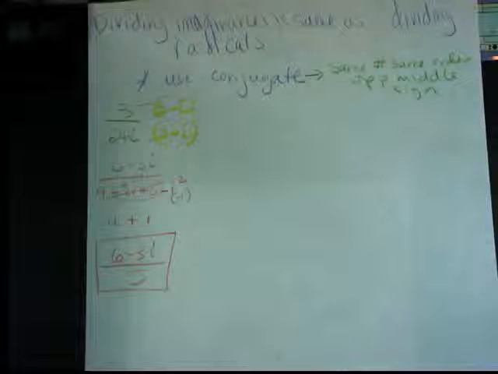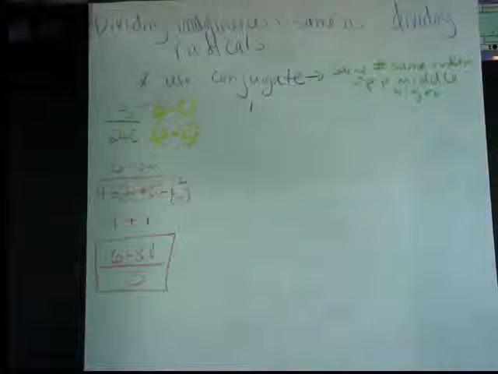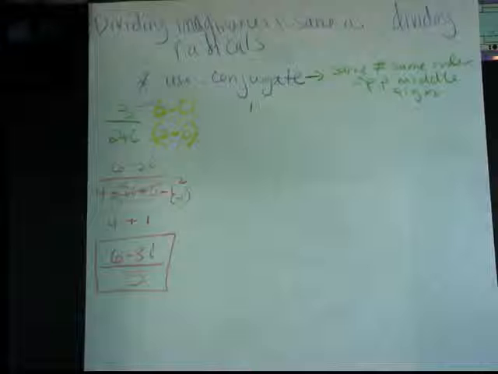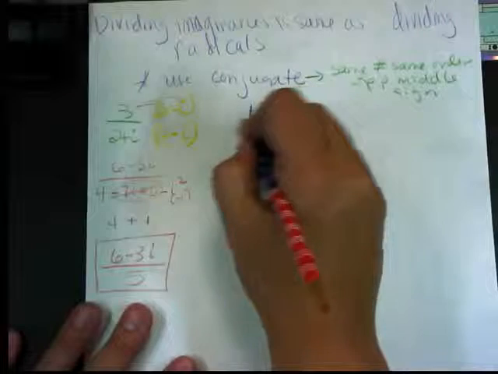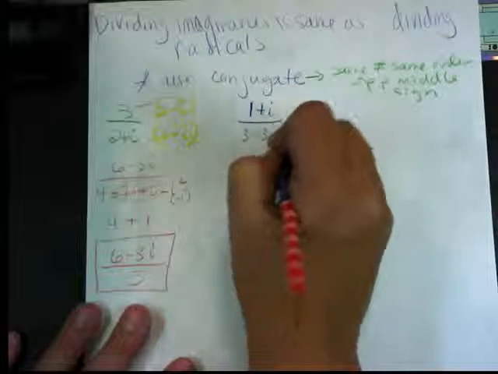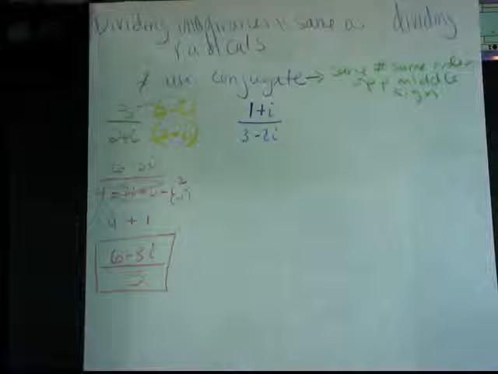Let's try it again. We're going to do 1 plus i over 3 minus 2i. We don't care about the numerator, we only care about the denominator. You can't have imaginaries in the denominator.